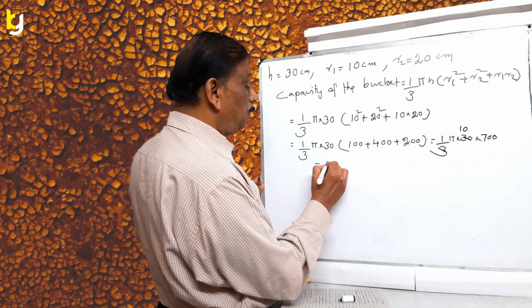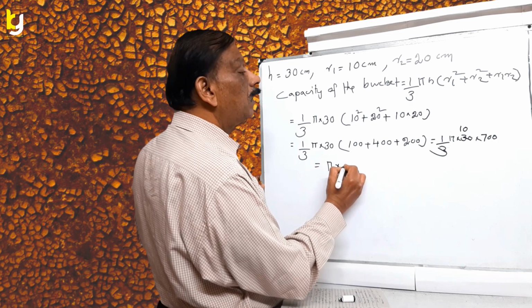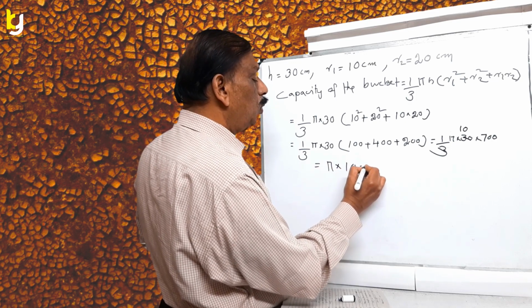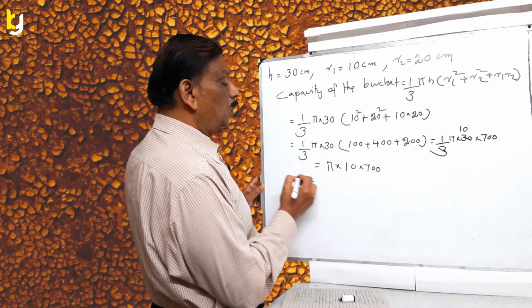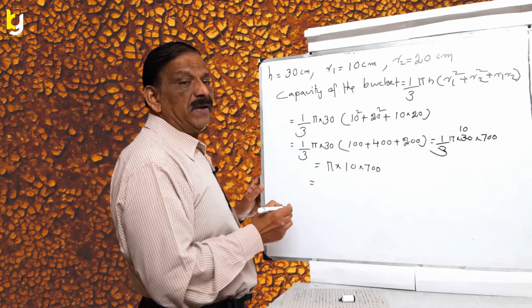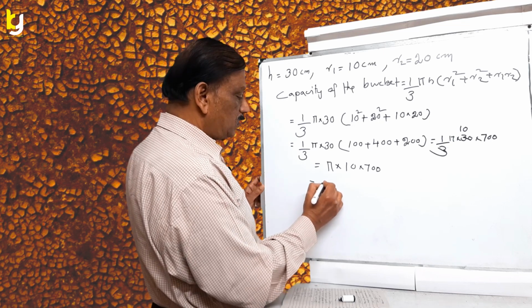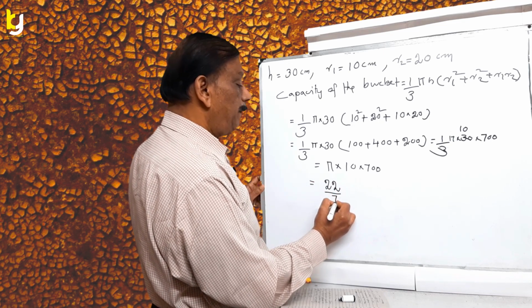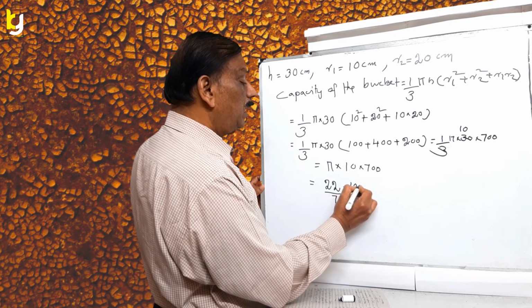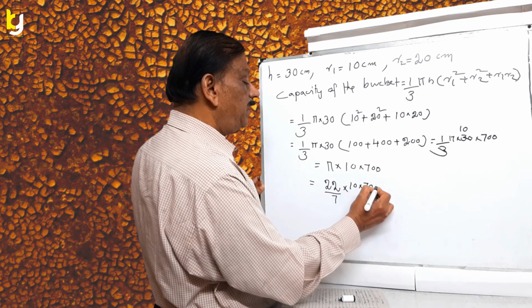Therefore, this is equal to pi into 10 into 700. We can take pi as 22 by 7. So, this is equal to 22 by 7 into 10 into 700.